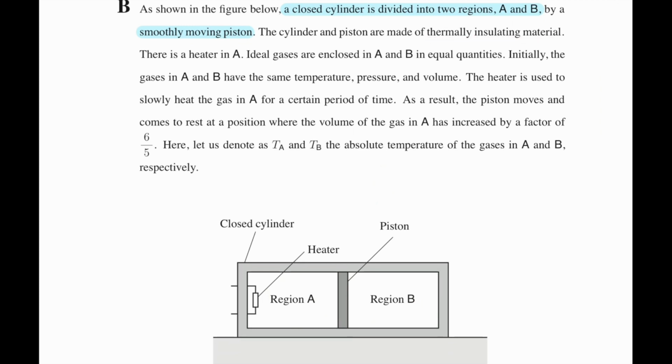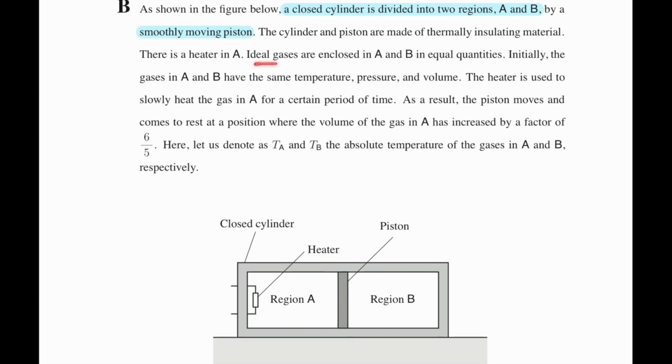That means heat from outside cannot pass through the wall of the container. So heat from the outside cannot go into the region, and also heat from inside cannot go out to the surrounding. And then there is a heater in A. In the region A, you have a heater.